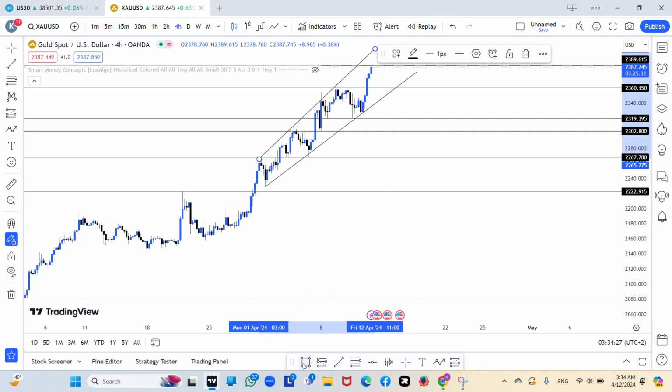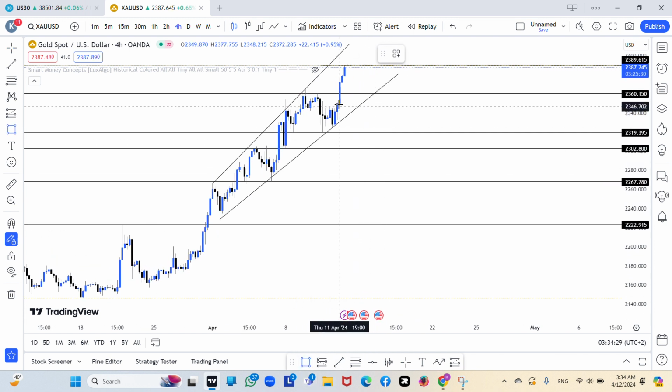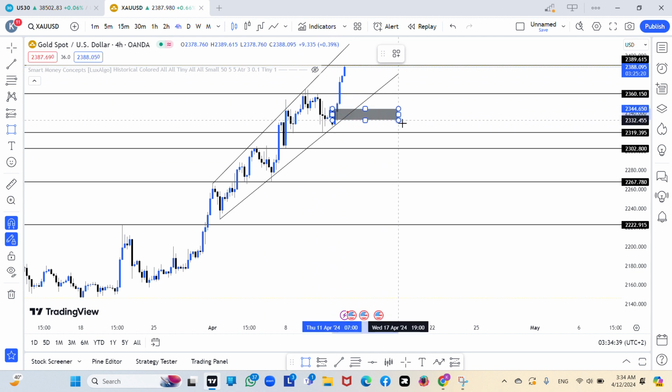And we can identify here in the 4-hour time frame that gold actually left a demand. This is our latest demand, I'd say, in this 4-hour time frame.